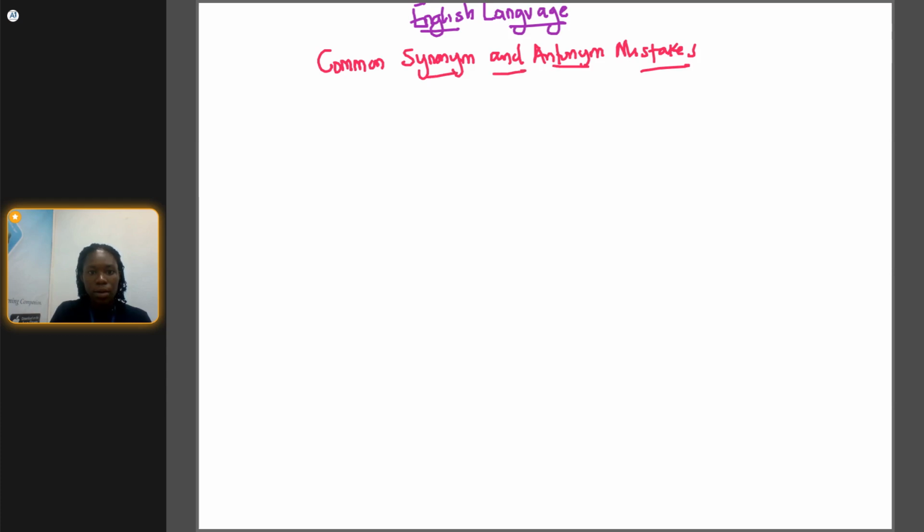We're going to be looking at some points that would help us understand the mistakes that you could make with synonyms and antonyms, especially when you have to choose words that are related to another or the opposite of another. We have been looking at context, and again, I'm mentioning that you cannot do without context in synonyms and antonyms.